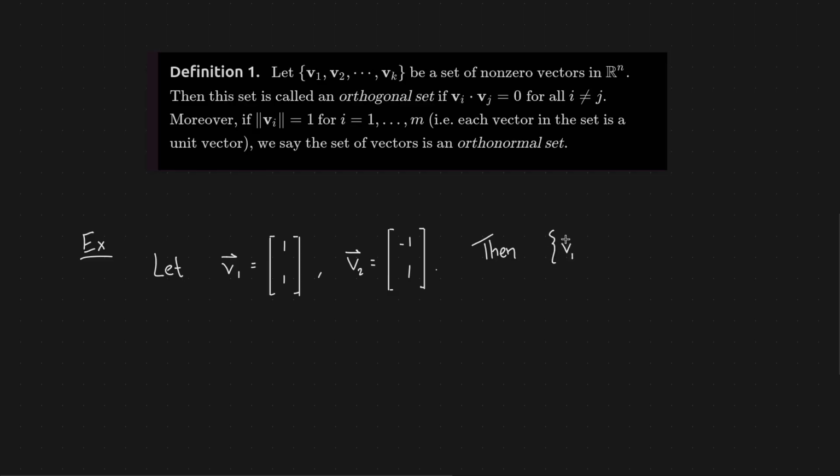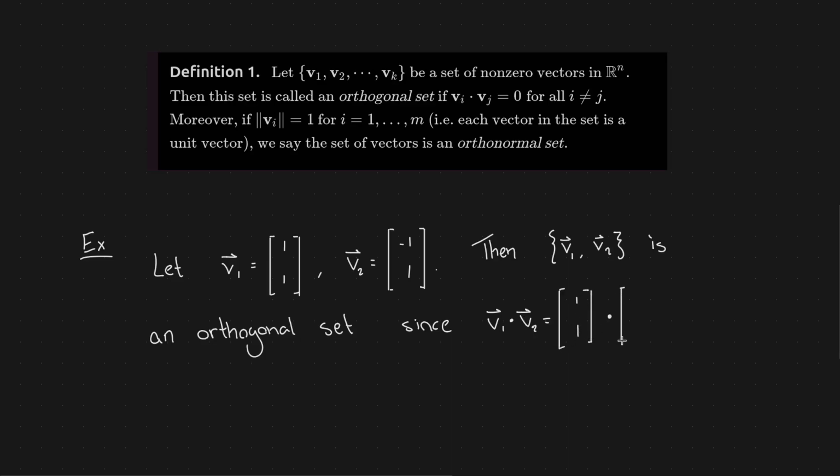Then the set with vectors v1, v2 is an orthogonal set, since if I take the dot product of the only two different vectors in the set, v1 with v2, I get 1 times -1 is -1, plus 1 times 1, that gives me 0.